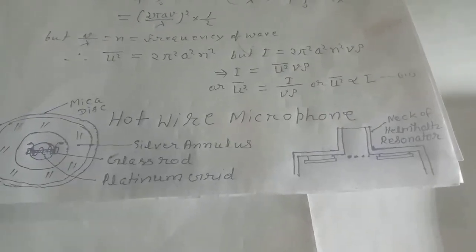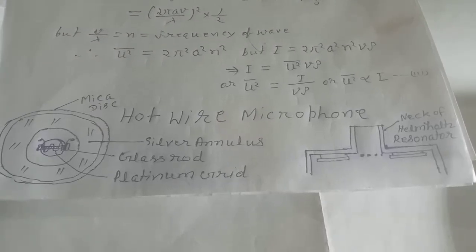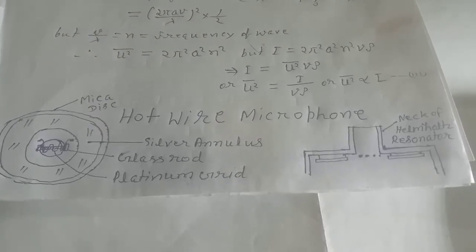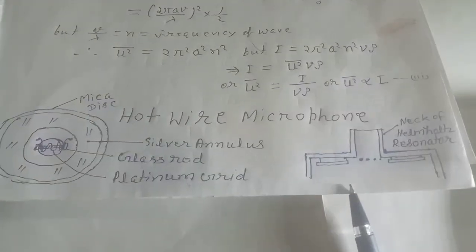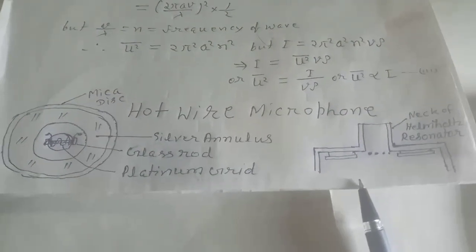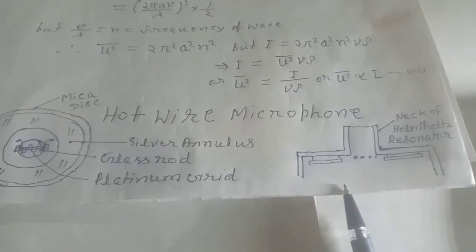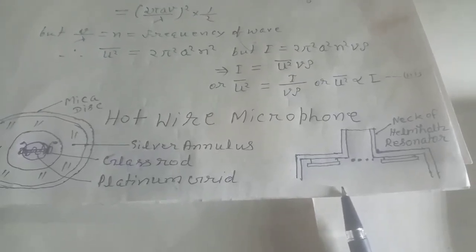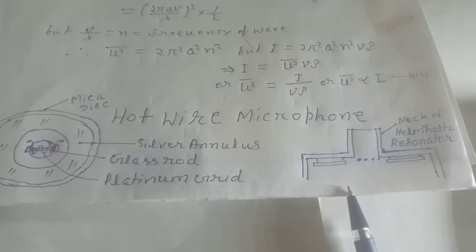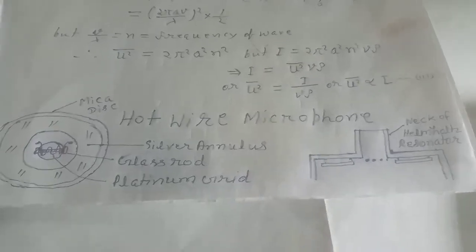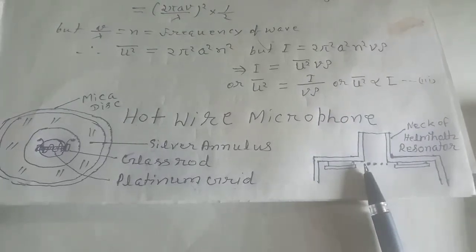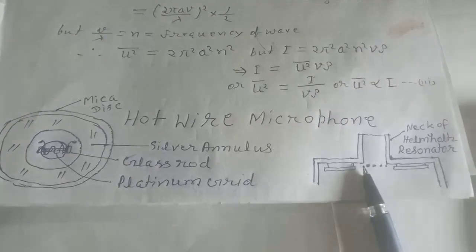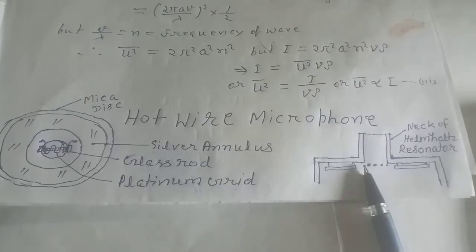Now when the sound whose intensity is to be measured is sent into the resonator, the air in the neck of the resonator is set into vibration and cools the hot grid, whose resistance therefore decreases.